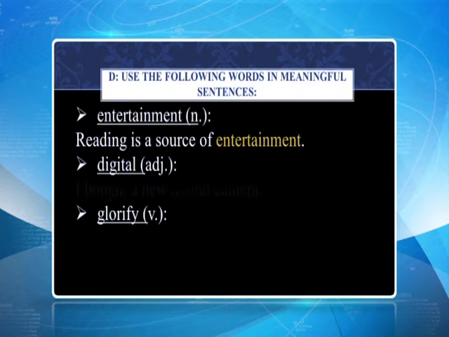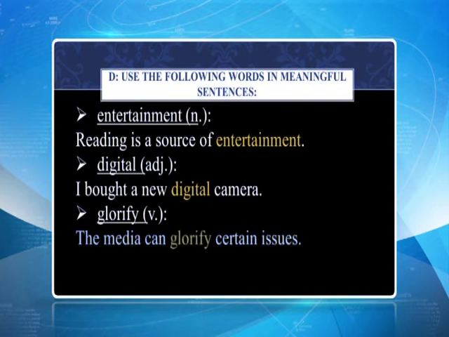What about digital? I bought a new digital camera. You always have to use these words with their part of speech. Glorify is a verb. The media can glorify certain issues.